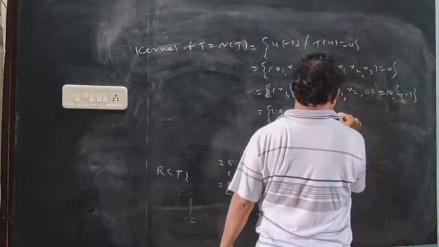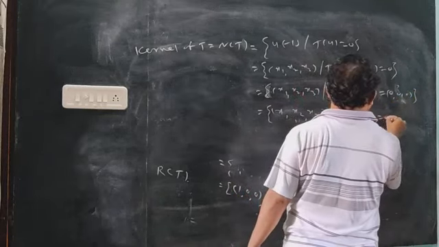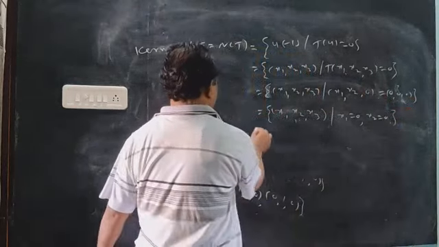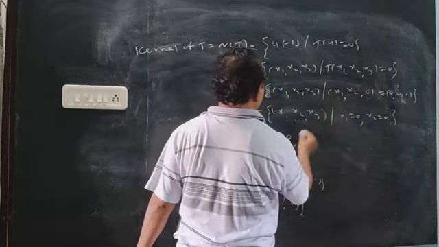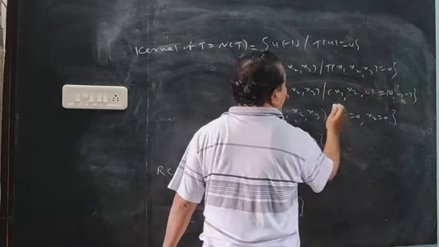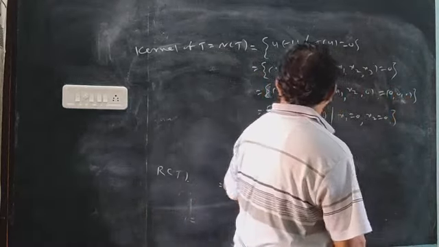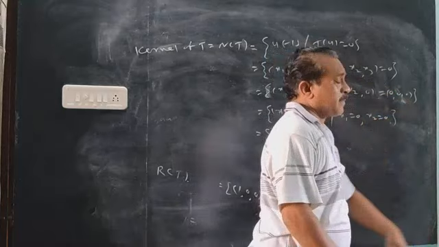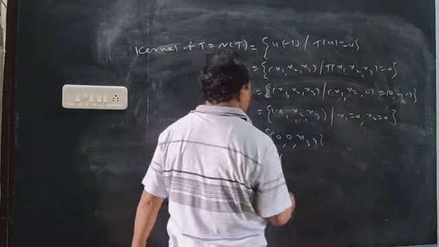So x1 equals 0, x2 equals 0, and about x3 we don't know, because 0 equals 0 gives no conclusion. So we can say only x1 is 0 and x2 is 0. We solve this separately.